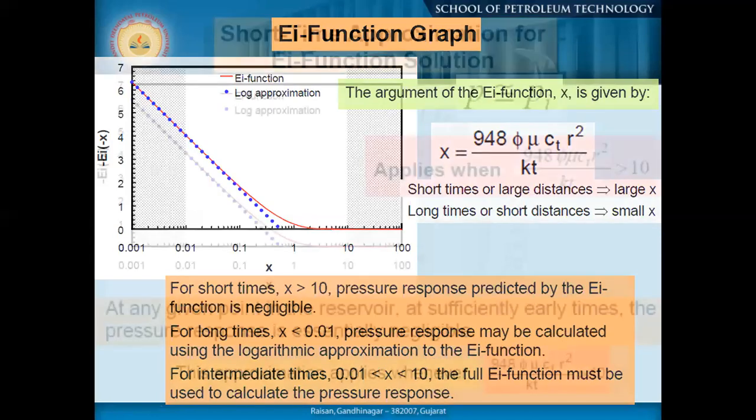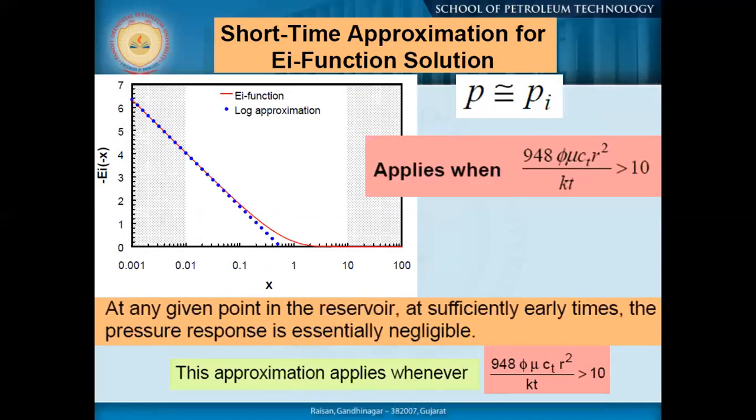So if I sum it up in three slides, you can understand. You have a short time approximation. Whatever pressure change we get due to the well test is a neglected effect up to that part. So when the x value is greater than 10, we could consider P equal to Pi. That means that part has not been affected in the pressure response by the flow or production.